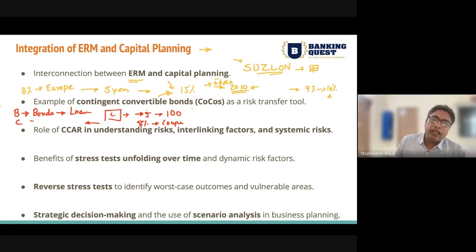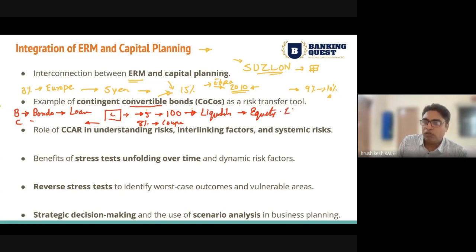Now it is mandatory for any company to repay the bond, right? So it's a 100 rupees bond. After 5 years, they will have to pay back 100. So after 5 years, liquidity is required to pay back these bonds. But when they are convertible bonds, these bonds can be converted into equity shares at a prefixed ratio.